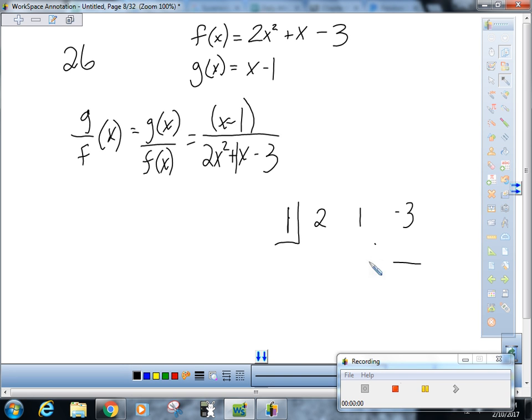Do you remember how to do this? You start by bringing down the 2, and then the strategy is multiply and add. Sweet. Our remainder is 0, so it is factorable. That means x minus 1 does go into this, and what do we have left? What does this thing mean down here?